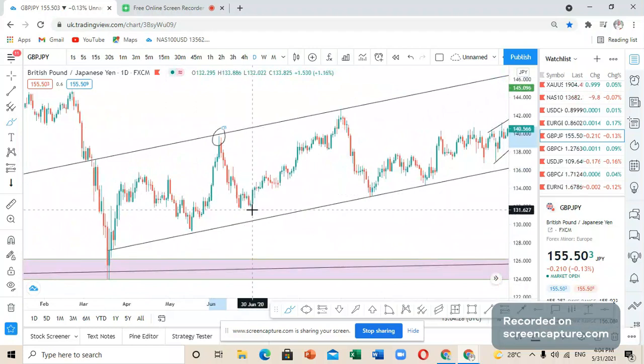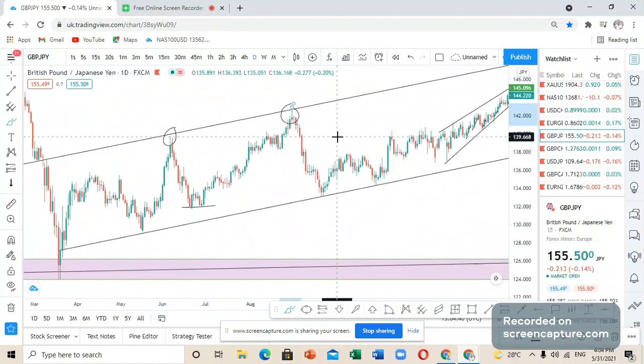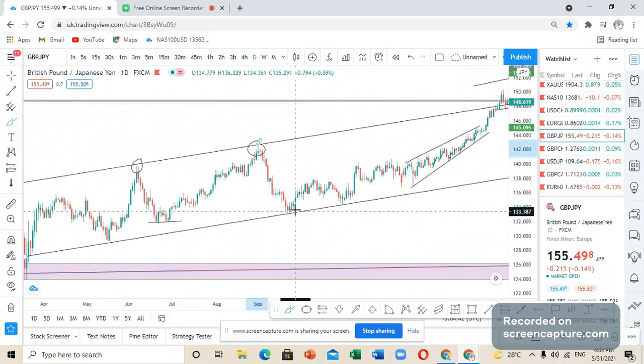Also, this is a very good point of support at that position. Then we had a move to the upside, touched this trend line above for the second time, and then moved to the downside and touched the trend line below.